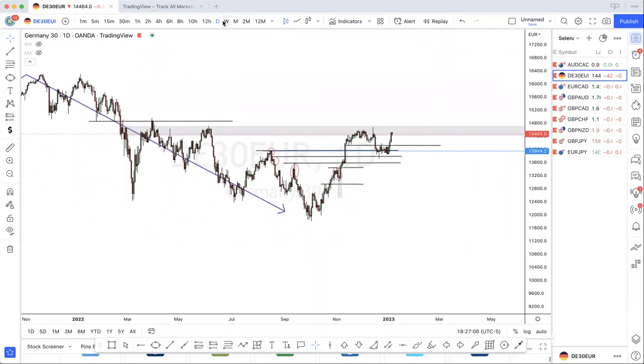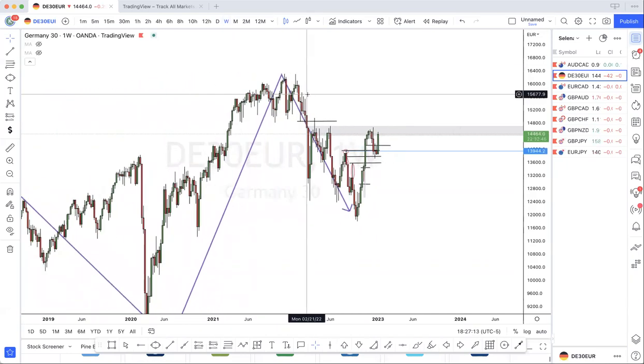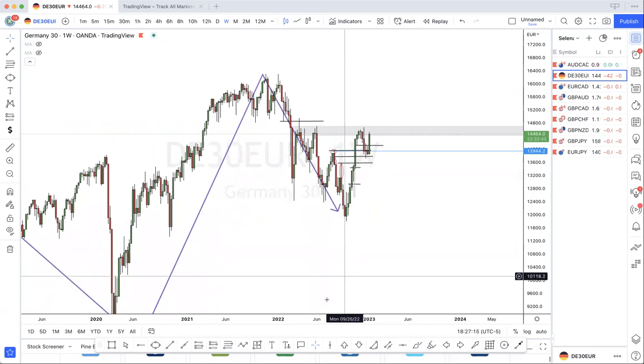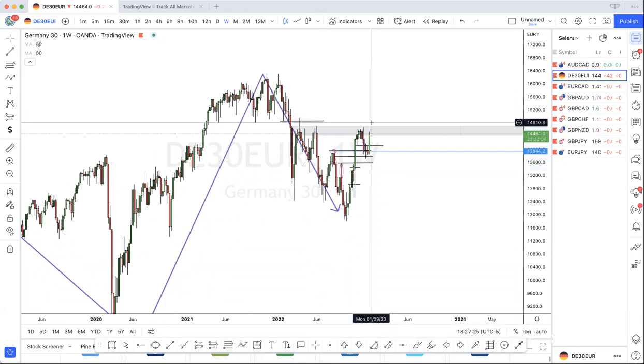If I go to my higher time frame, I think this is probably going to go. I don't know where this is going to go. Maybe fundamentals will dictate where it's going.